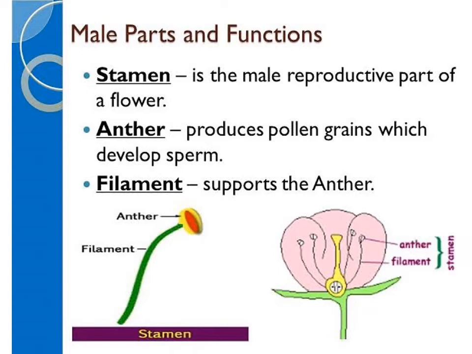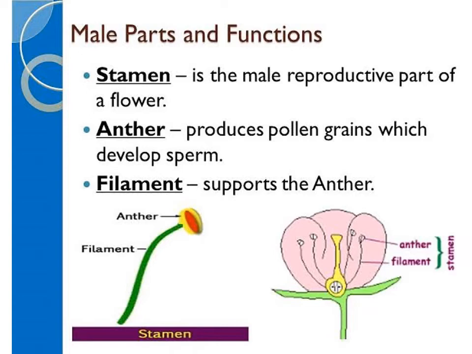So flowering plants, angiosperms, are plants that have seeds enclosed in a fruit that develop from an ovary. There are two classes, the dicot, the embryo with the two seed leaves, and monocotyledons, embryo with one seed leaf.